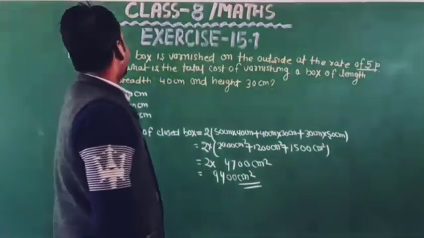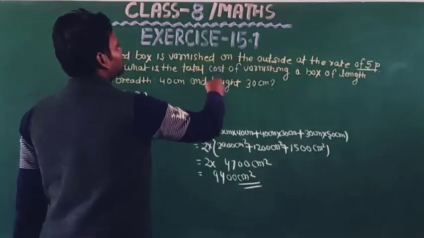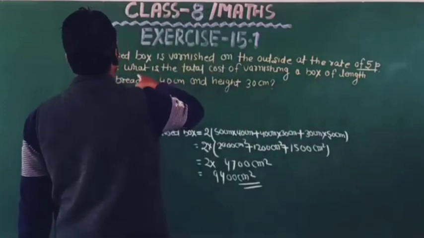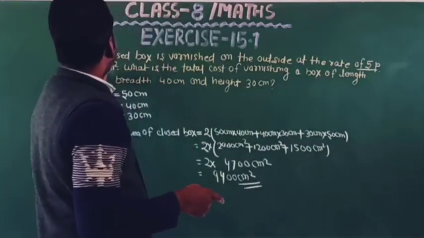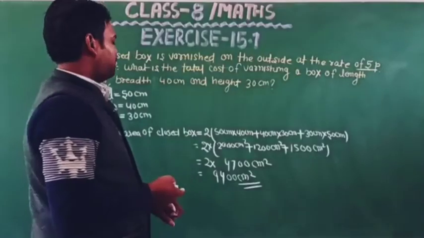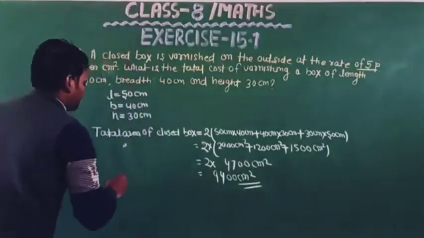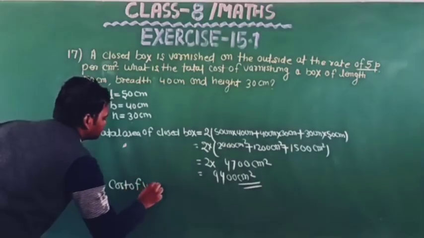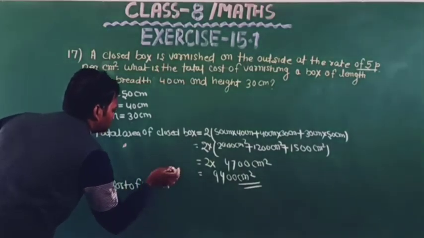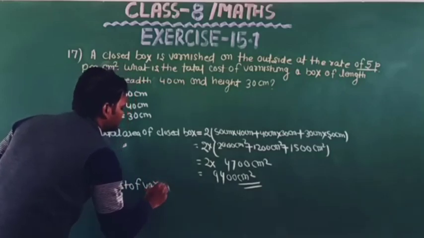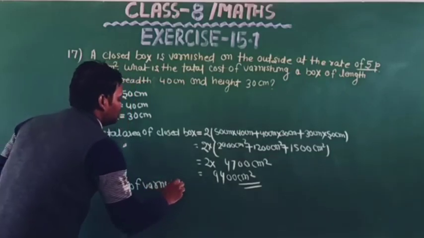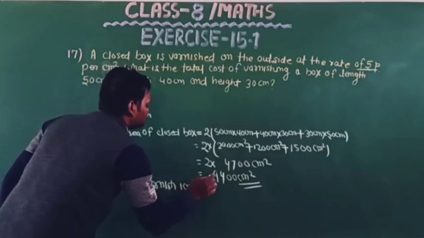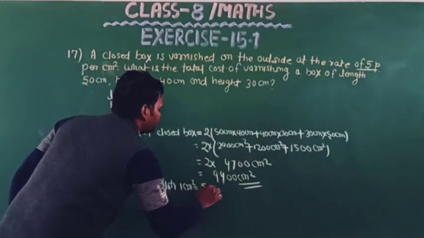Okay, and here the cost is given. The cost of varnishing 1 centimeter square equals 5 paisa.